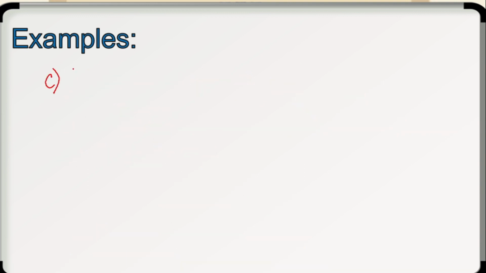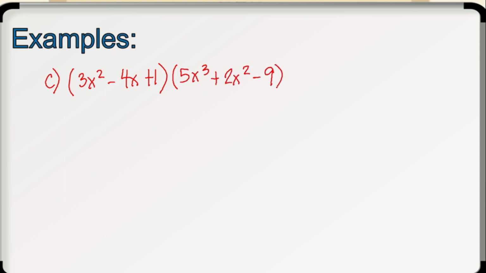Example letter C. The quantity of 3x squared minus 4x plus 1 times the quantity of 5x cubed plus 2x squared minus 9. First, we will distribute each term of the first polynomial to the second polynomial, starting with 3x squared times the quantity of 5x cubed plus 2x squared minus 9.